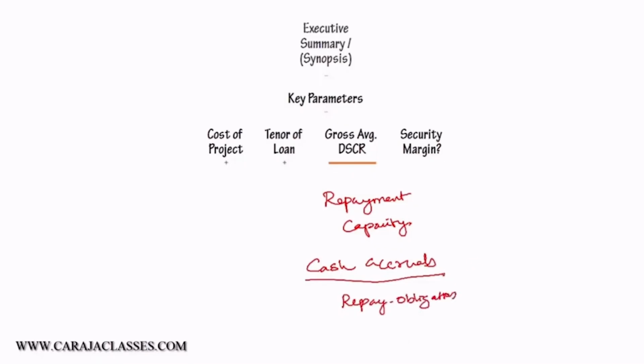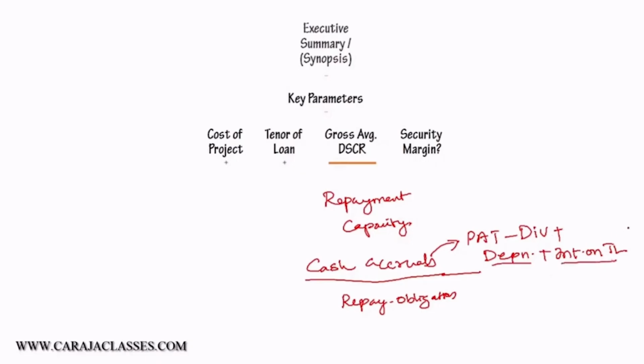So when I say cash accruals, how are these cash accruals derived? It is basically profit after tax minus dividend plus depreciation plus interest on term loan. Please note, I am deducting dividend here because only the profit available after paying the shareholders should be taken, and that is added with depreciation, being a non-cash item, and with interest on term loan only.